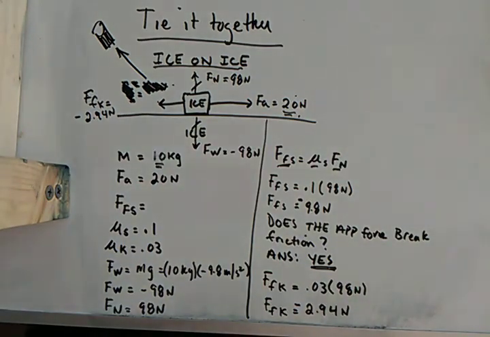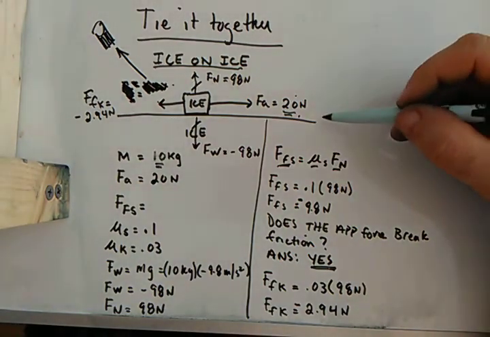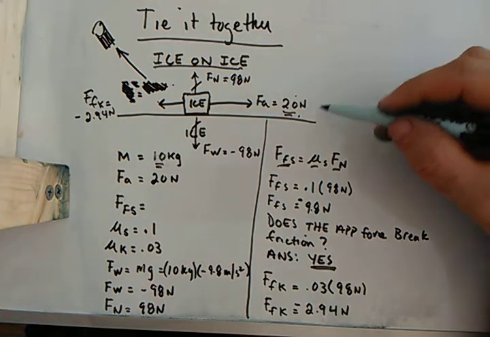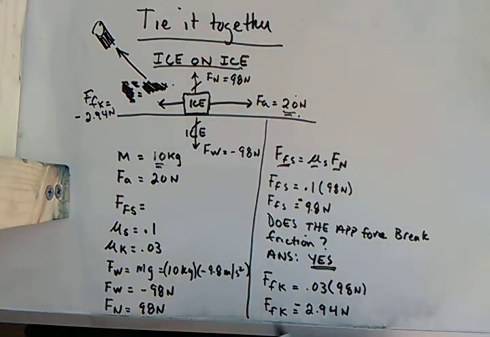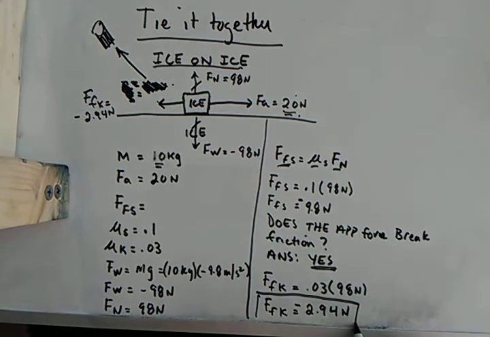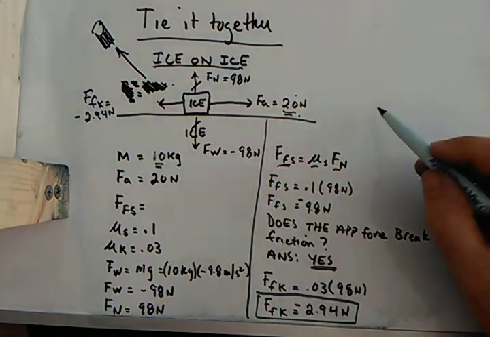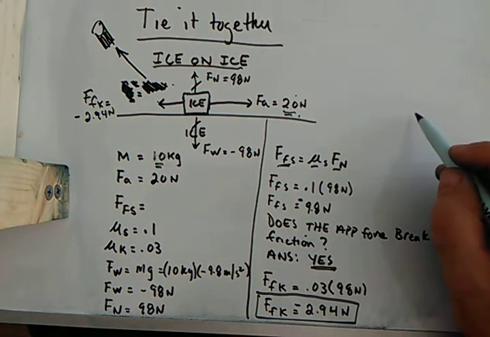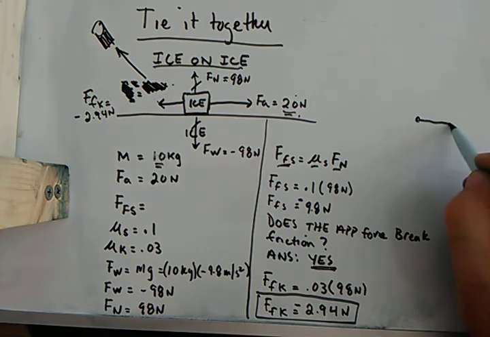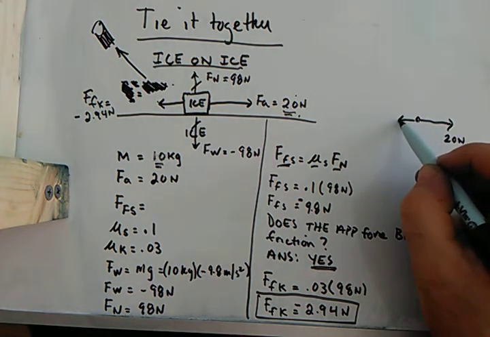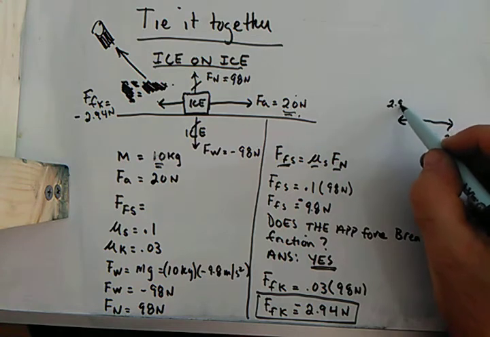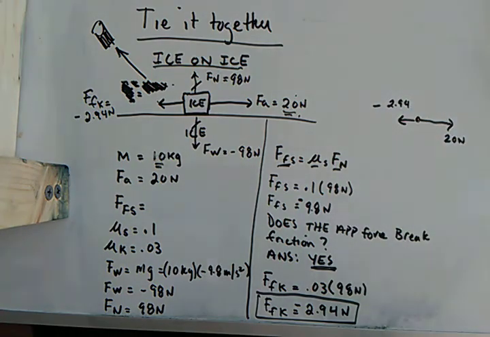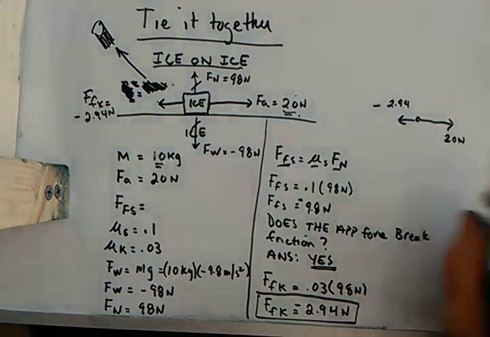Now, the problem is not done, because now I've got kinetic friction working against my applied force. So let's draw a little free body diagram based on that. 20 to the right, 2.94 to the left.